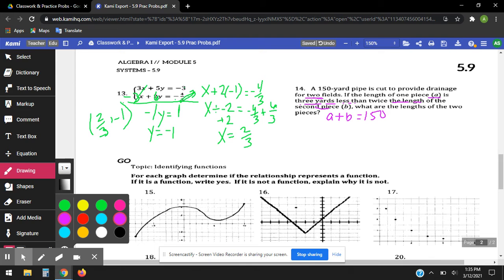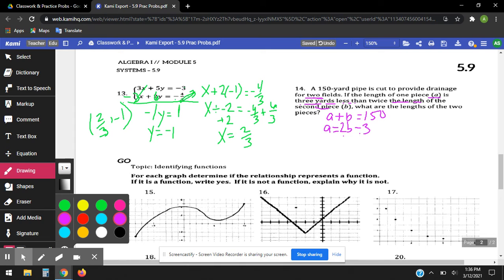And then the next one is if the length of one piece A is 3 yards less. So A is 3 yards less, that's a minus 3, than twice the length of B.